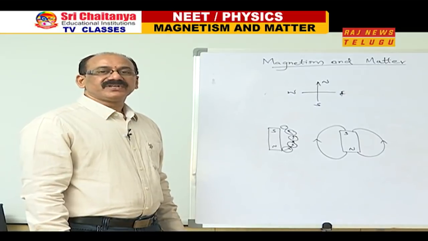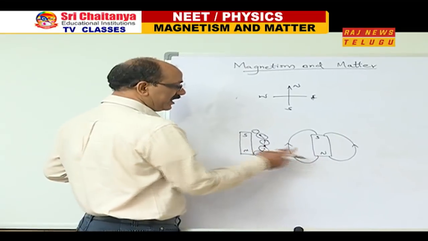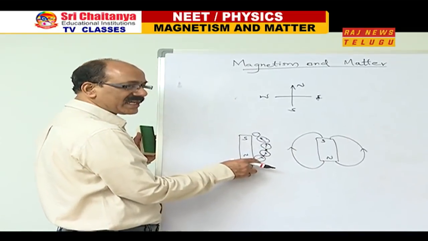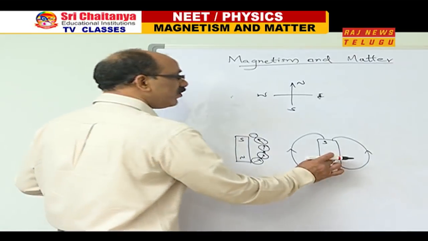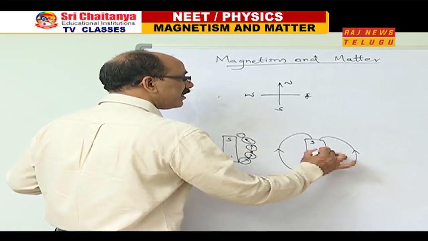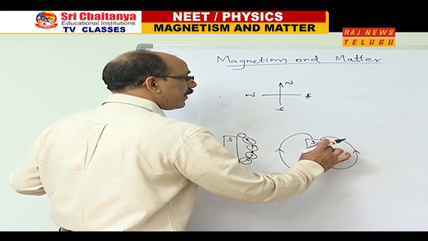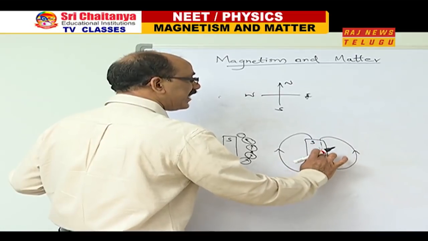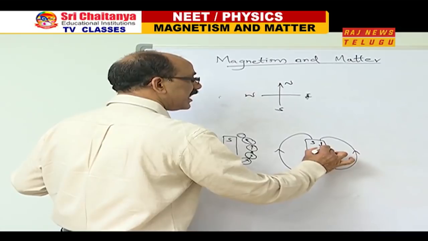But in a magnet, they are oriented in an orderly manner. Because we cannot put the magnetic needle inside and try to draw them, we can imagine that the molecular magnets are oriented like this. So we can understand that this is south pole, north pole.